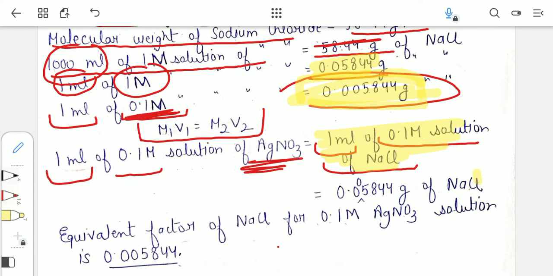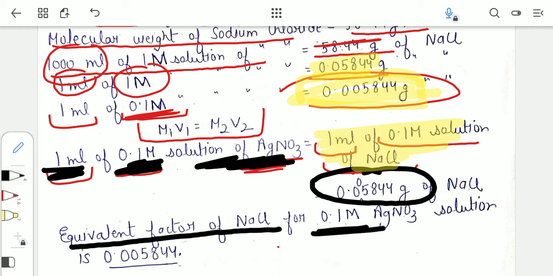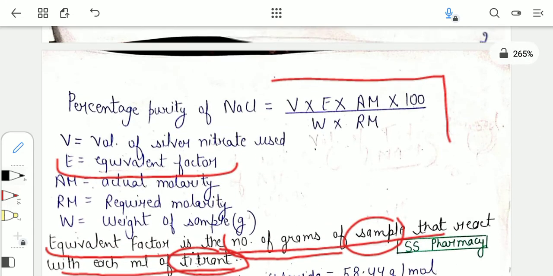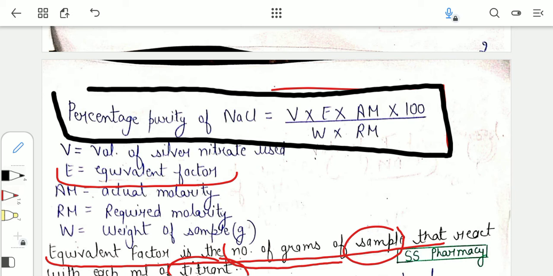So it means that 1 ml of 0.1 molar solution of silver nitrate will react with these many grams of sodium chloride, which means that the equivalent factor of sodium chloride for 0.1 molar silver nitrate is this. By putting all of these values in the above formula, we can finally calculate the percentage purity of our sodium chloride, and our estimation will be complete. I hope it is clear to you how we calculated the estimation.